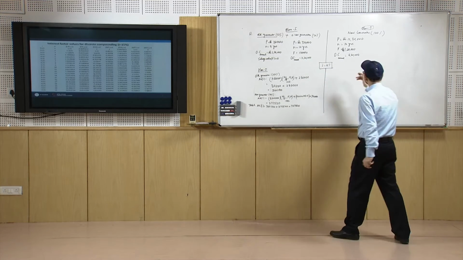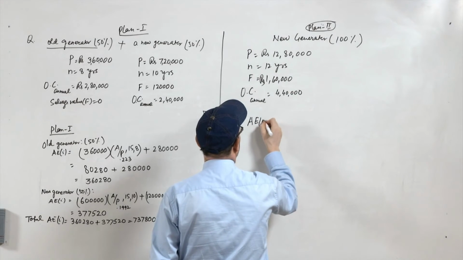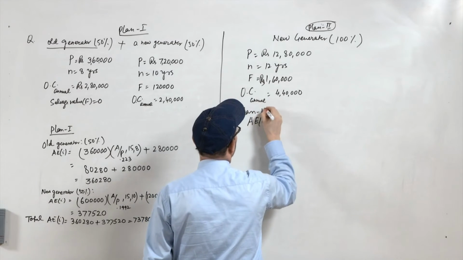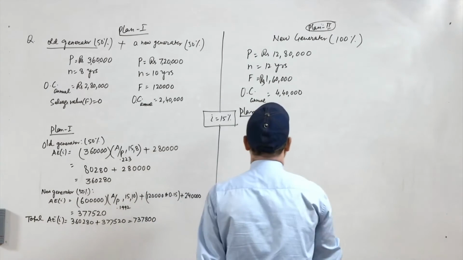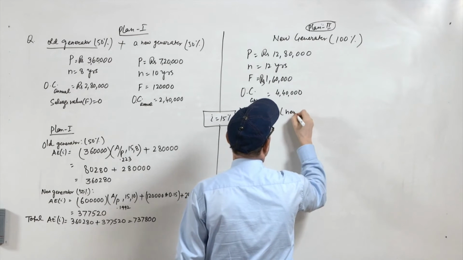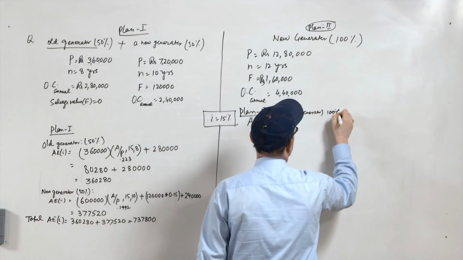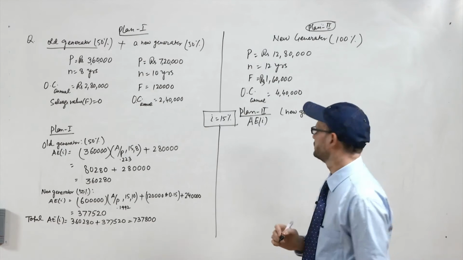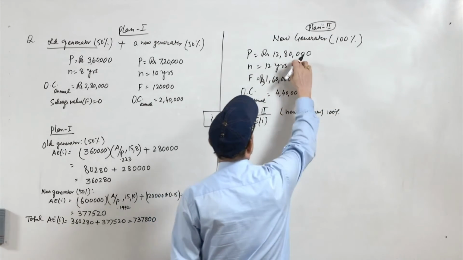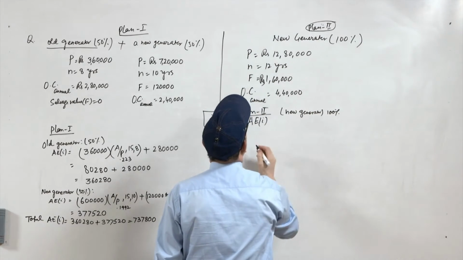Now, if we find the annual equivalent for the new generator, that is plan 2, which is basically you are taking a new generator giving you 100% of the demand requirement fulfilled, it will be 12,80,000 minus 1,60,000.